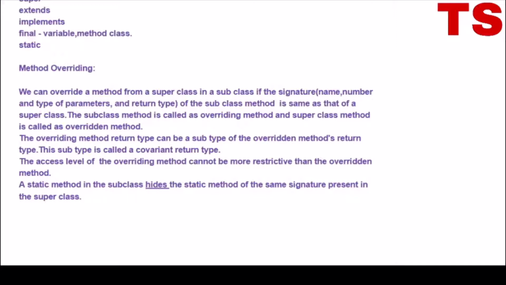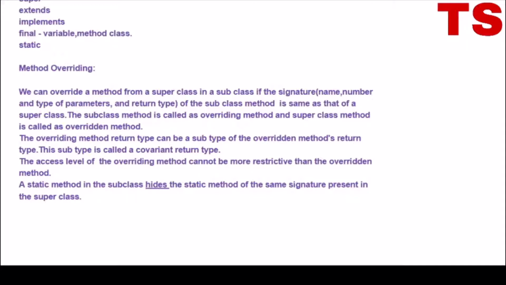And the access level of the overriding method cannot be more restrictive than that of the overridden method. This we will see in an example. And a static method in a subclass hides the static method of the same signature present in the superclass.